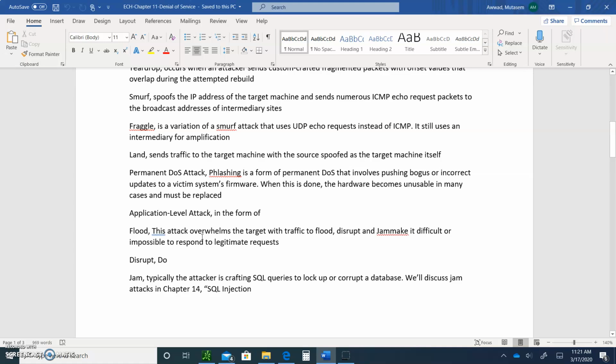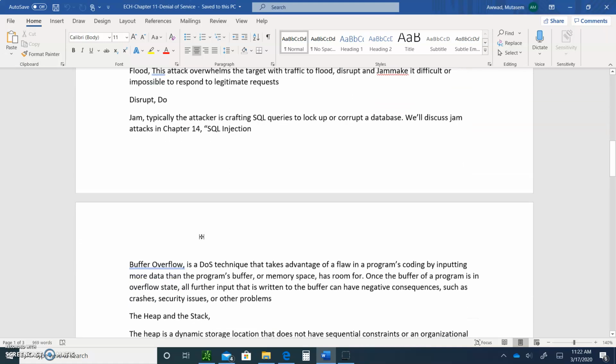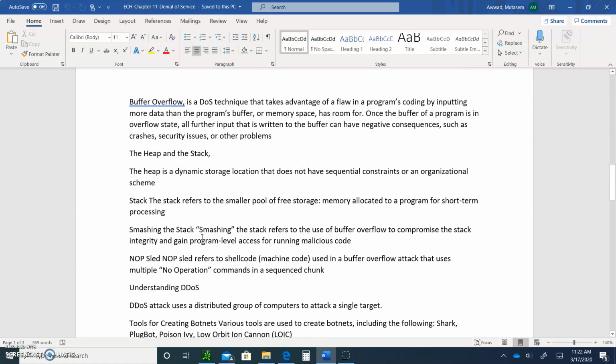In a lot of cases it becomes useless, and you have to buy a new one. So therefore, make sure you only update your firmware if you need to, and you update it only from the vendor website. Okay.